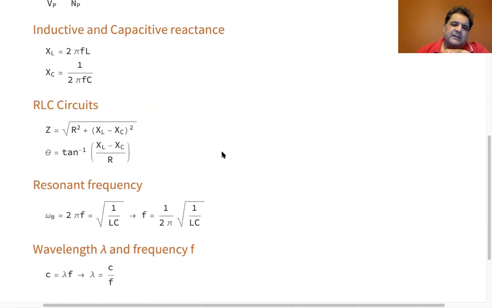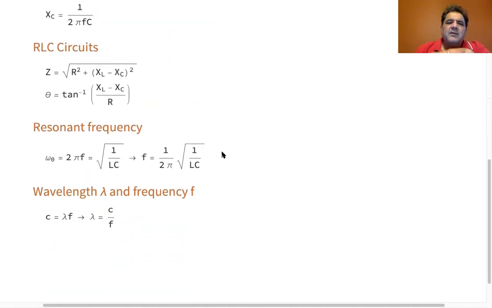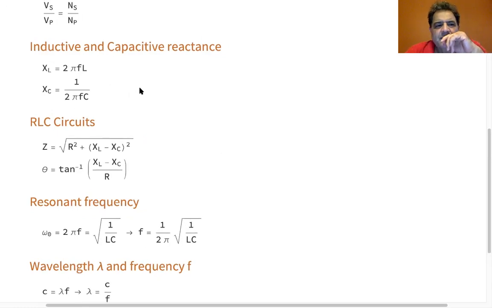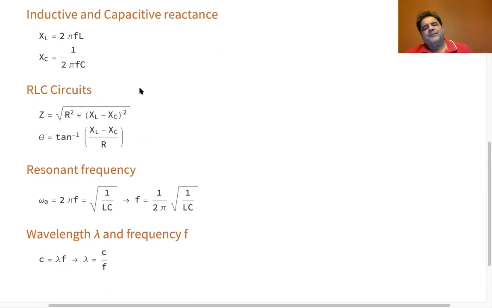Okay. Now the resonant frequency occurs when X sub L equals X sub C. So if you set X sub L equal to X sub C, you get 2 pi f L is equal to 1 over 2 pi f C. And if you solve for omega, which is 2 pi f, you get omega 0, the resonant frequency, is equal to the square root of 1 over LC.